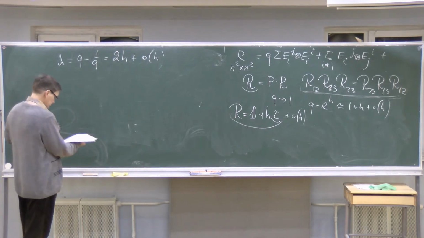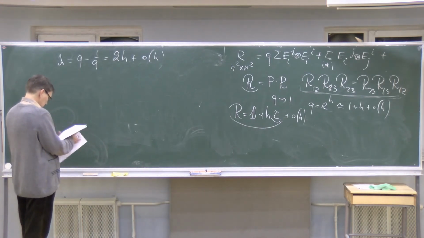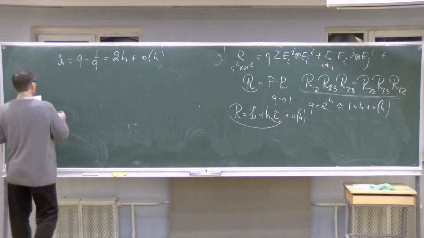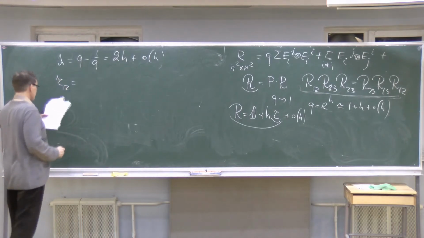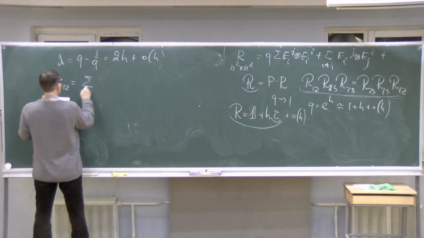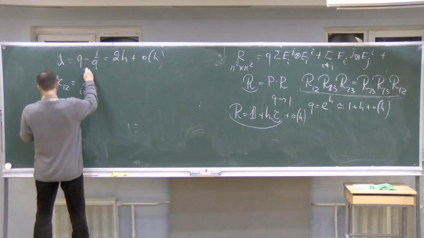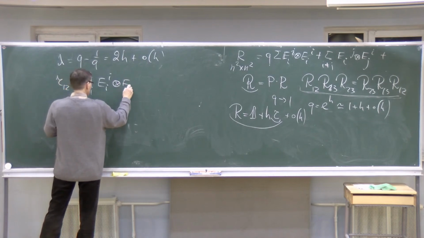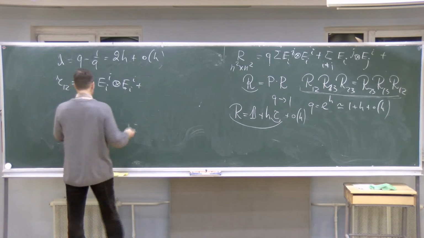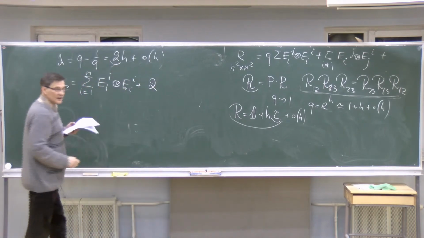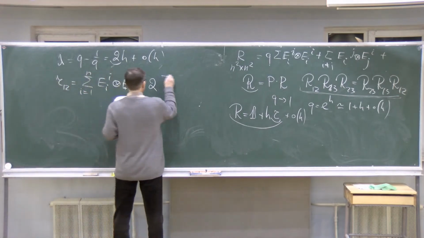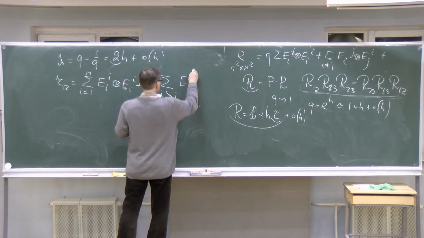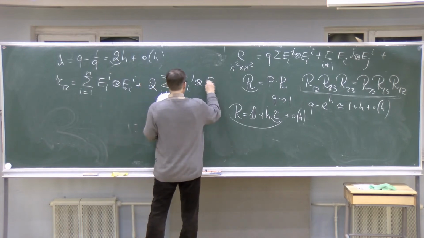And then I'll get the following form of the classical R matrix: the sum over i from 1 till n, e_ii times e_ii, plus 2, this 2 comes from this lambda, the sum over i greater than j of e_ij times e_ji.